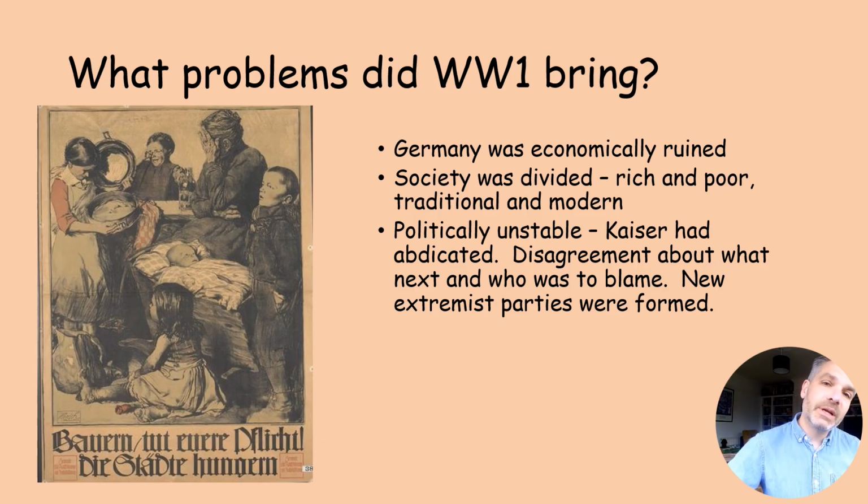And so there's a great deal of political anger in Germany at the time. There is disagreement about who to blame for this war. And in this economic and political chaos in 1918, new extreme parties are formed with extreme ideas, not least the Communist Party, who grow enormously.